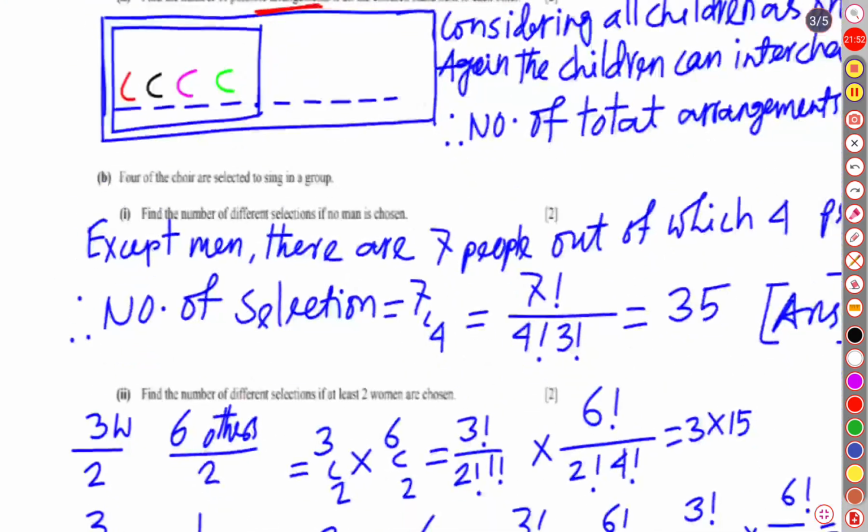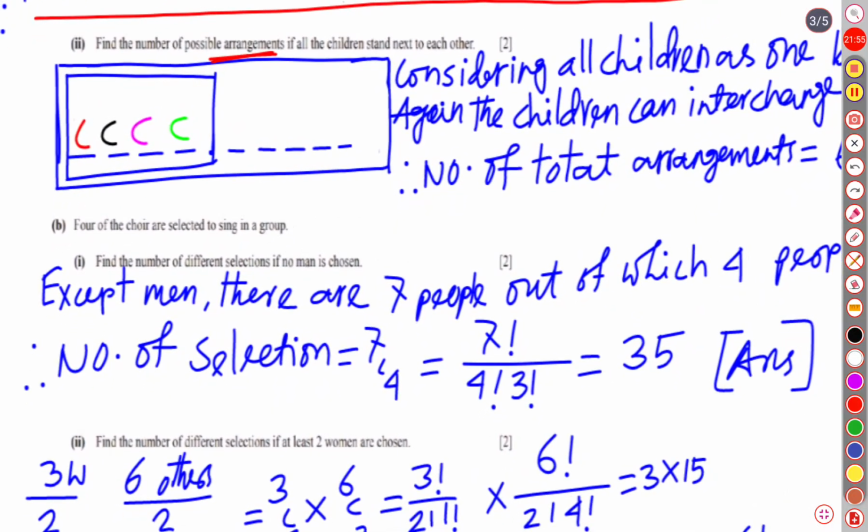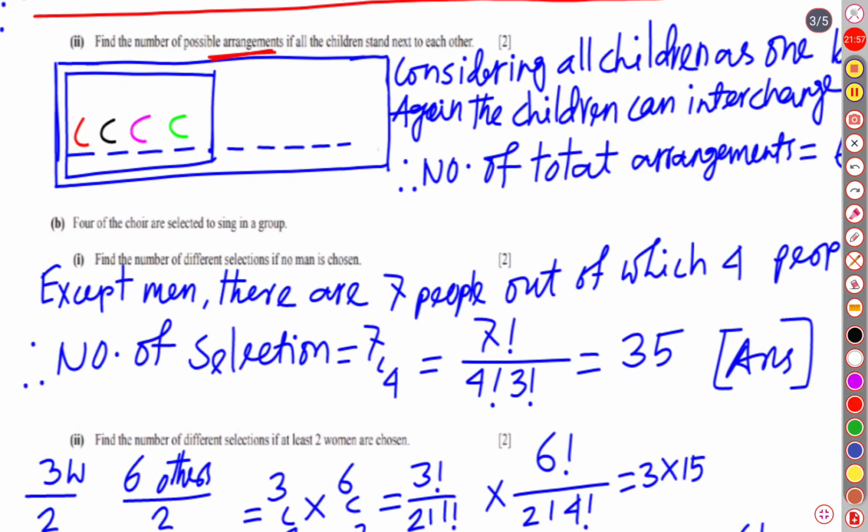If the 4 children stand beside each other, they are arranged as a group, which means the whole of this is actually one body now. As they are standing with each other, they cannot detach, so it is one group. Except these children, how many are left? There are a total of 5 left, because in total there were 9.